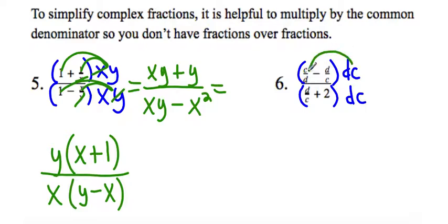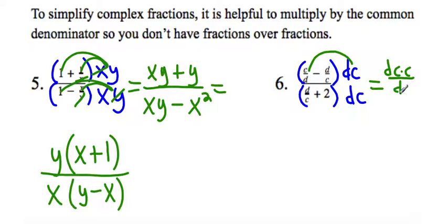When I take the dc and distribute that over, the d's are going to cancel. That means I have just c times c, which is c squared. I'm going to write out an additional step just so you can see this. What's happening here is I have dc times c over d.